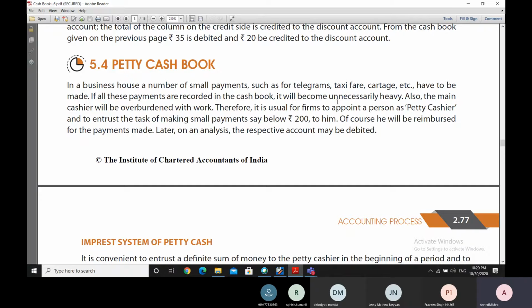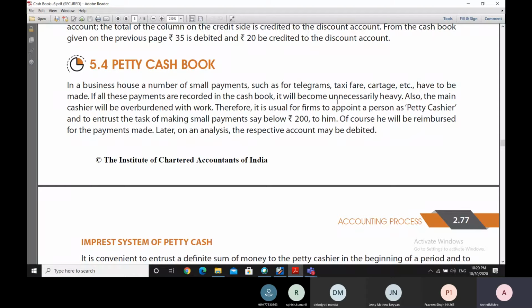So if all these payments were to be recorded in the cash book, our cash book will become very, very heavy. So instead of recording all these small chhillar payments or receipts, as we call them, we need not write them all in the cash book, because that would become very heavy.